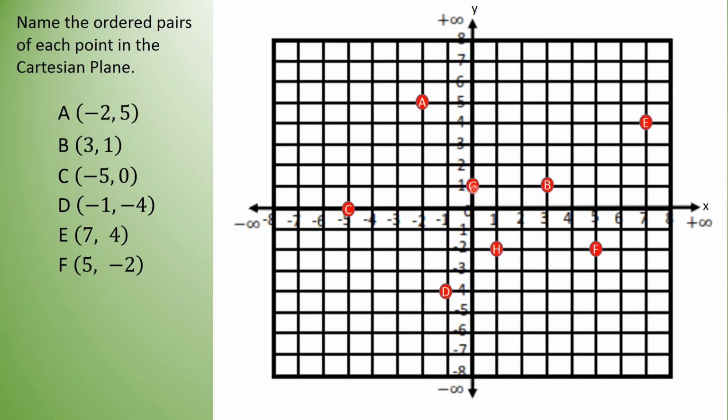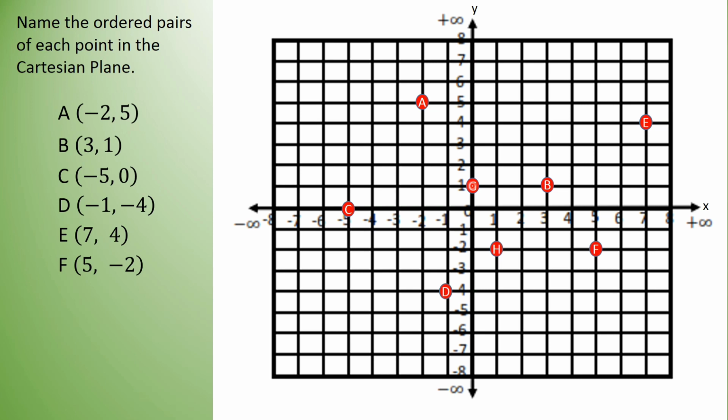Okay, so last is point G. So what will be the coordinates of point G? So point G is located on our y-axis. Since it is on the y-axis, therefore, the value of our x-coordinate will be equal to 0. So it doesn't move from left to right, but it moves upward.